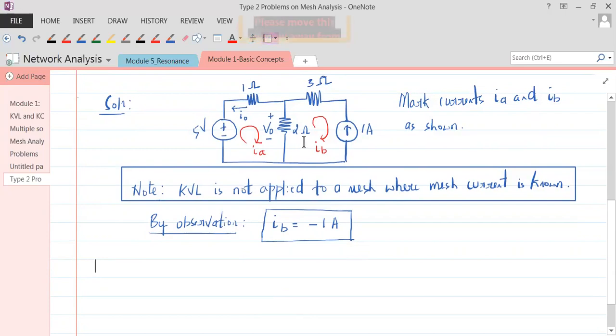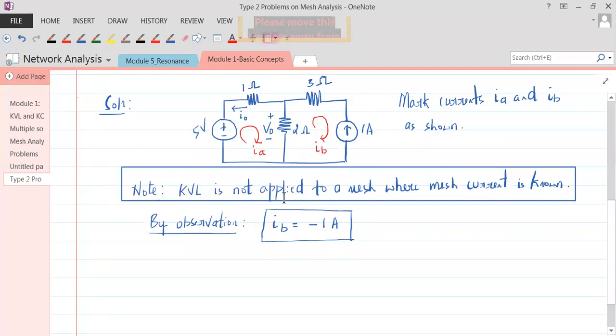Now mesh current here is known. IB is known. So when IB is known, we are not applying KVL to mesh 2. Why do we apply KVLs in mesh analysis? We apply KVL in mesh analysis to find the mesh currents. So if we know the mesh current in any of the meshes, we don't apply KVL to that particular mesh. As simple as that. Get that?